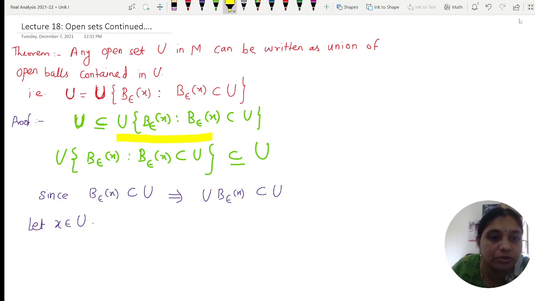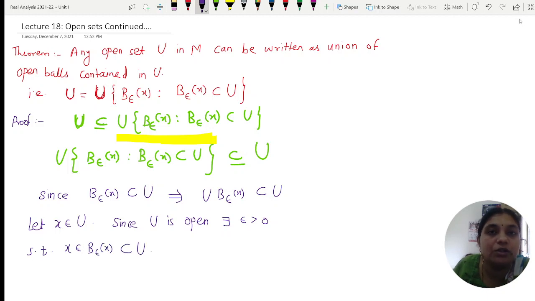X belongs to U, and as U is open, what can I say? Since U is open, there exists epsilon greater than 0 such that X belongs to B epsilon of X, which is contained in U, by the definition of open set.